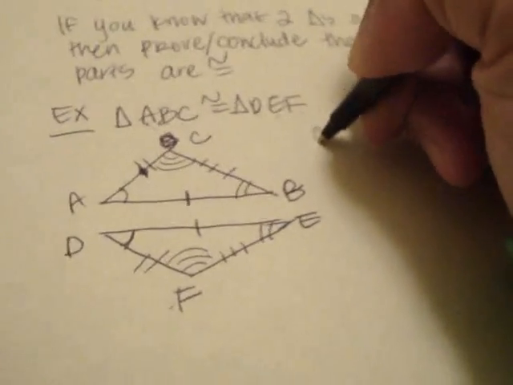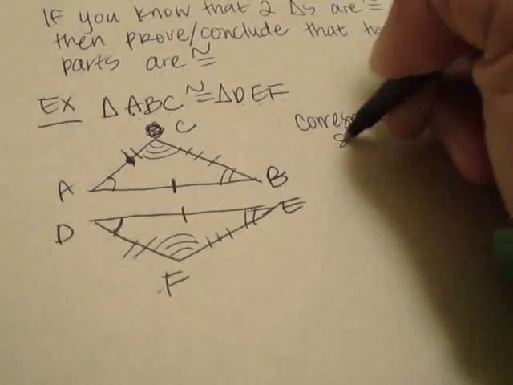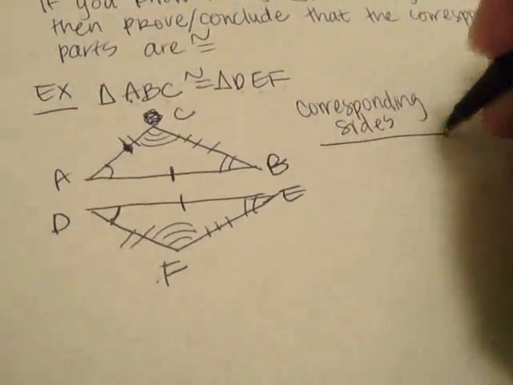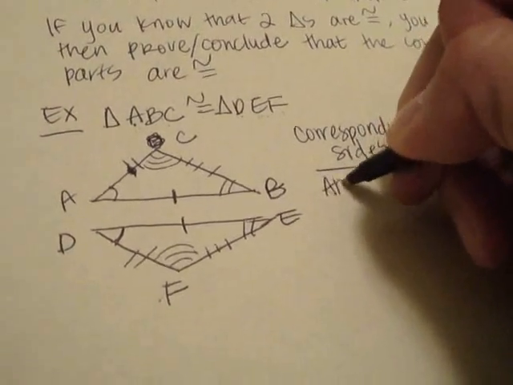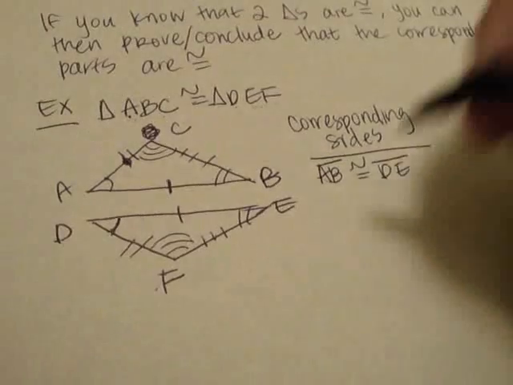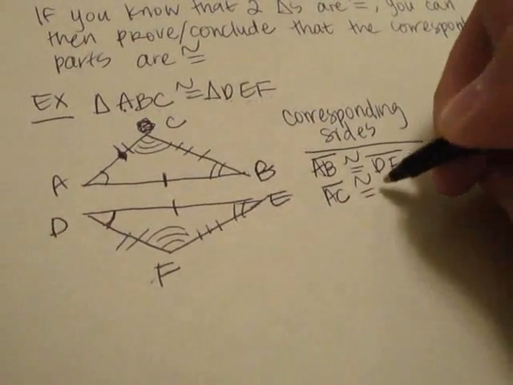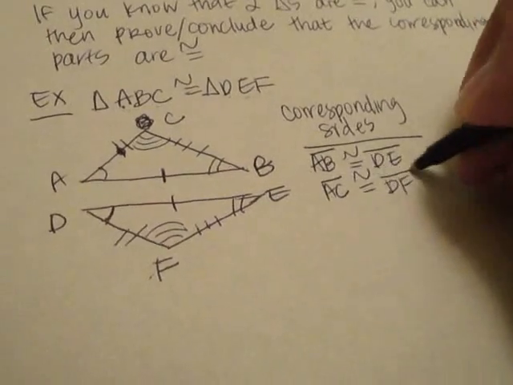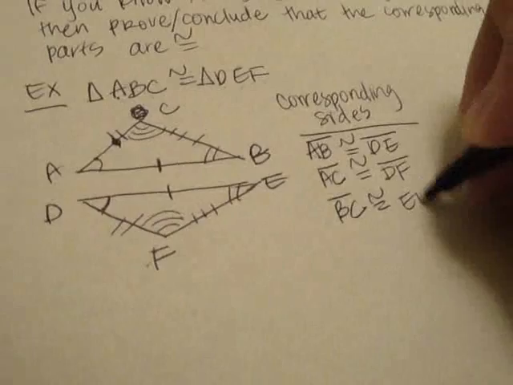Or, if you want to write all the corresponding sides, so AB congruent to DE, AC congruent to DF, BC congruent to EF.